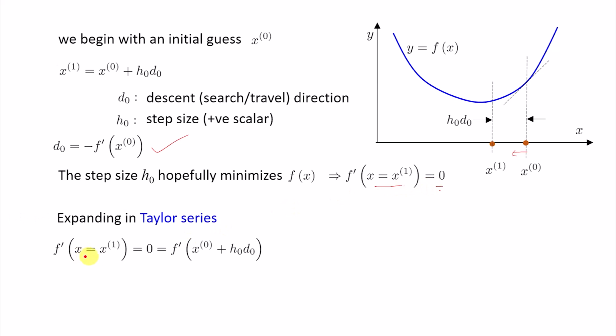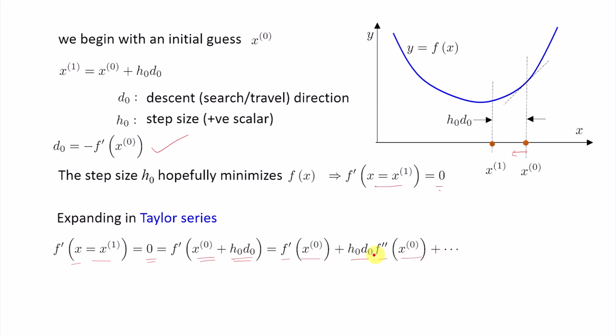Therefore, we can take f prime at x0 plus h0 d0, that is, at the 0th iteration, as 0, and I can expand it in a Taylor series. Because I am expanding f prime, the first term is f prime(x0), then h0 d0 f double prime(x0), et cetera.